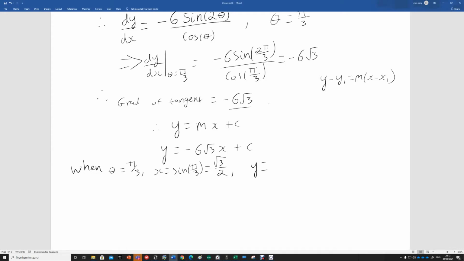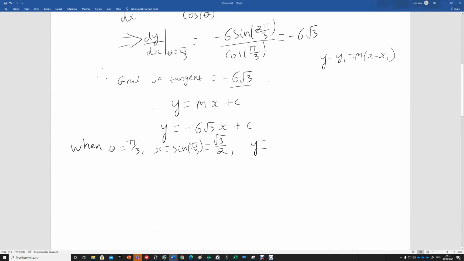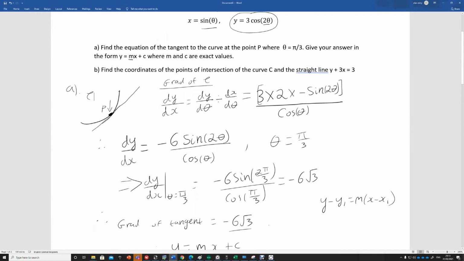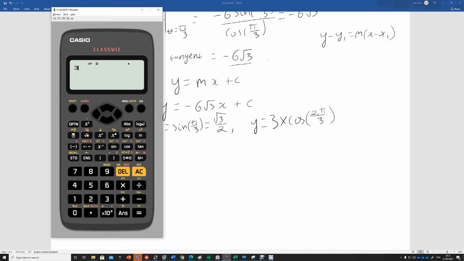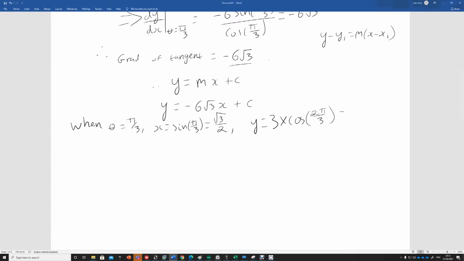And y is just going to be 3 cos, so 3 times cos of, what's it, cos 2 theta, so cos of 2 pi over 3, which is just minus 1.5, minus 3 over 2. Okay, so we have our x and y values.